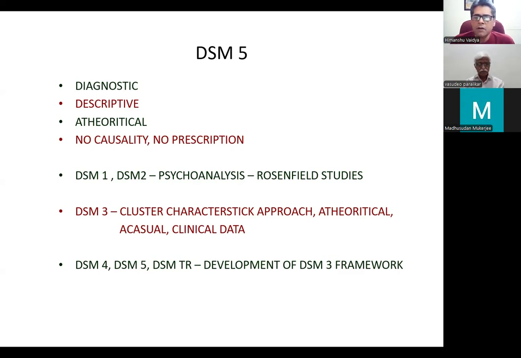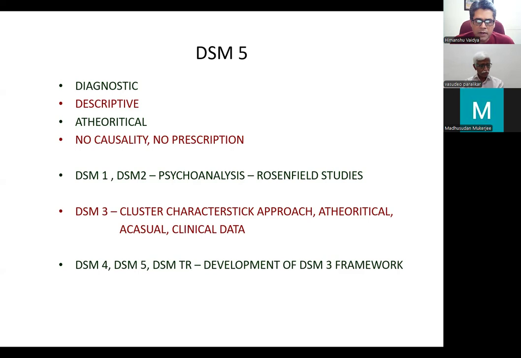If we look at history of DSM, we can start with DSM-1, DSM-2 and come to DSM-5 TR today. DSM-1 and DSM-2 were largely influenced by psychoanalysis. So they had psychoanalytic terms like neurosis, psychosis, and so on. After DSM-2, there was a very famous study called Rosenhan studies.